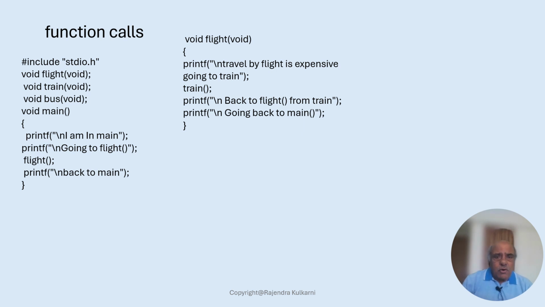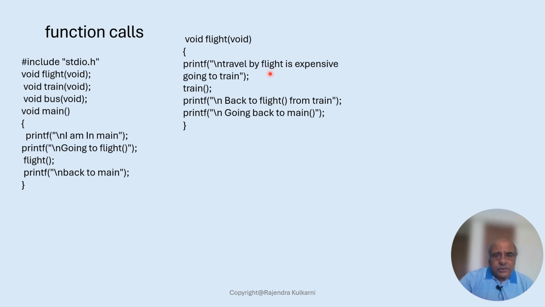Now this is a void function. In this void function again there are only a few statements which are simple printf statements and a function call. When the program enters into the flight function, it will simply have a printf statement.